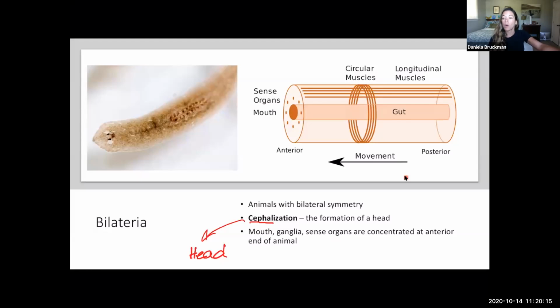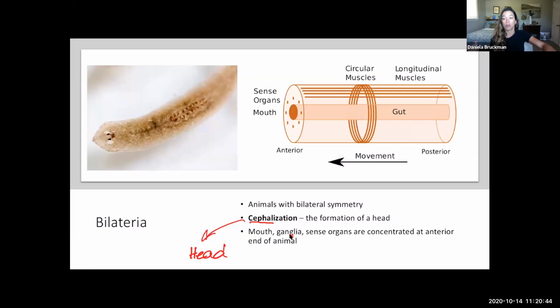Well, if you think about what a head is, it's going to be a concentration of specific anatomical features at the anterior end of the body, right? So we're looking at things like a mouth is usually going to be positioned at the head. Not all, but most animals have a mouth positioned at the head. Ganglia, this means bundles of nervous tissue, and in more complex animals, of course, this means a brain.